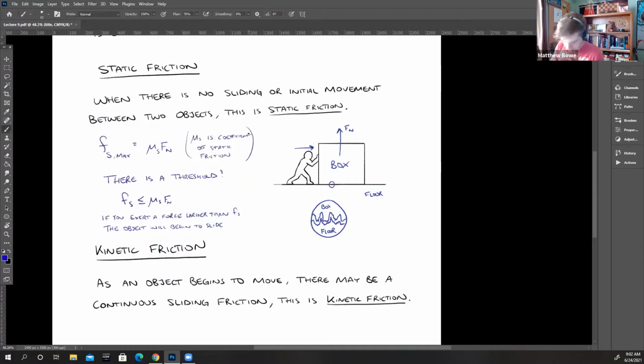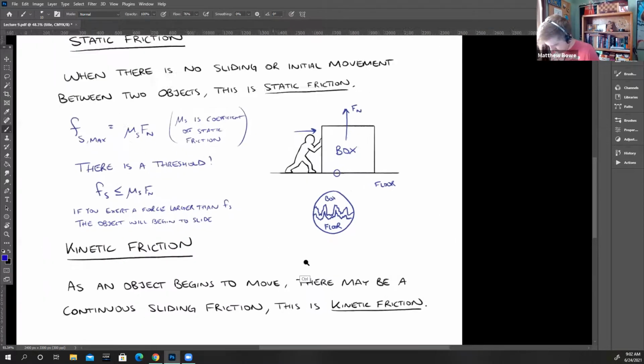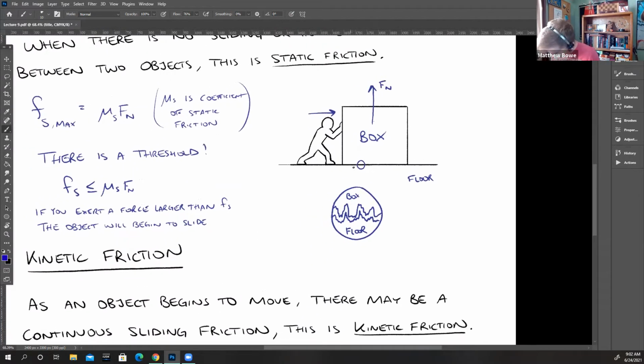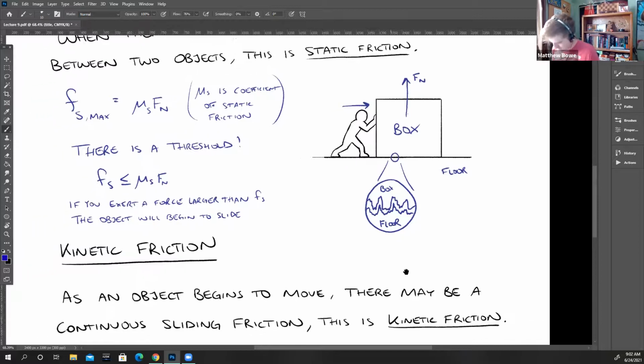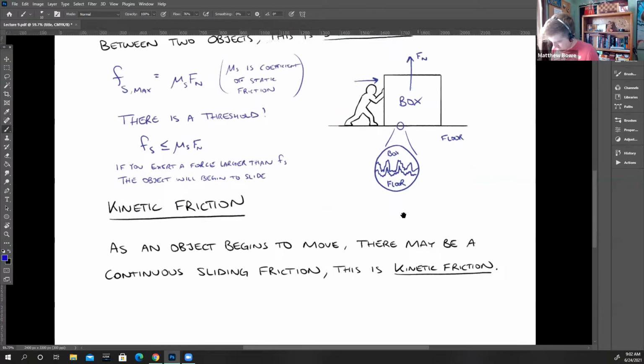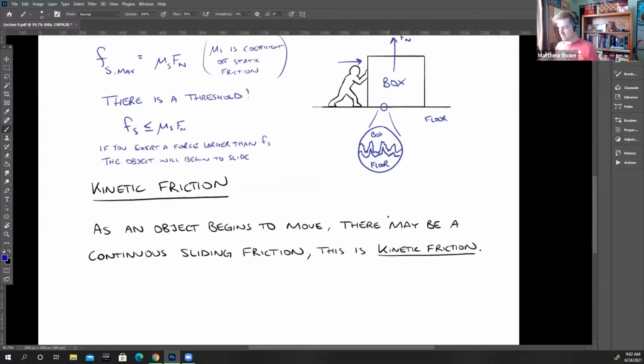Kinetic friction is, you think of it as the moving friction. Kinetic means movement. So it's a continuous opposing force, assuming you're moving like the box at a constant speed.